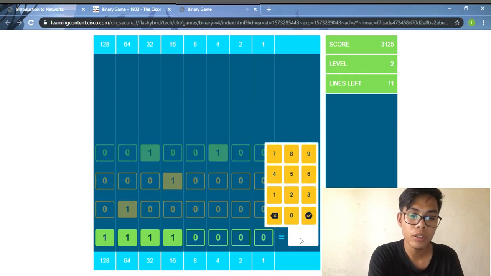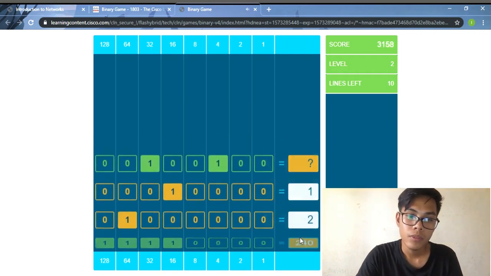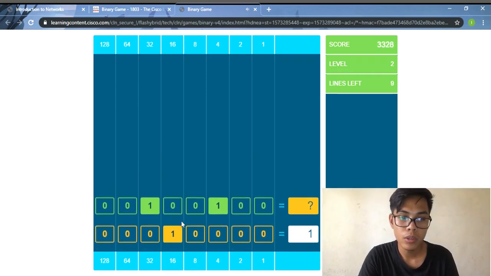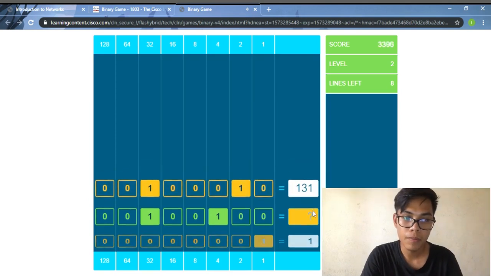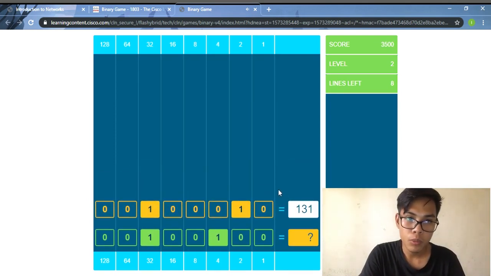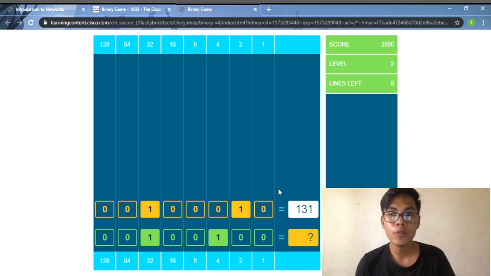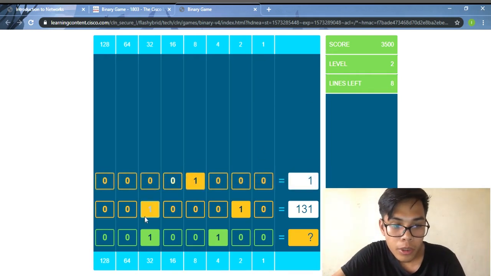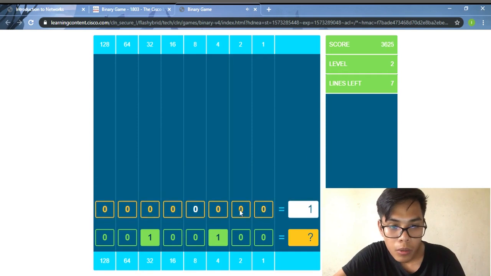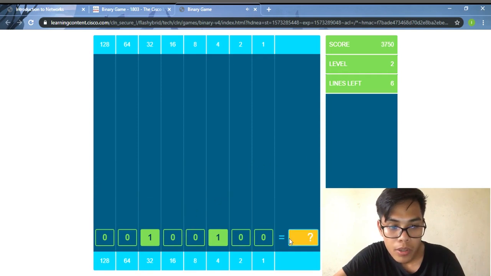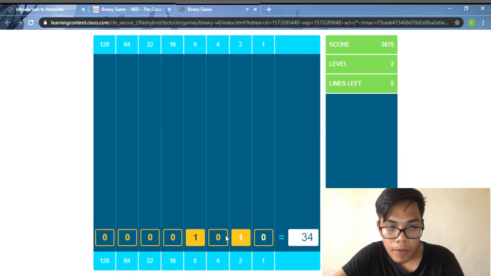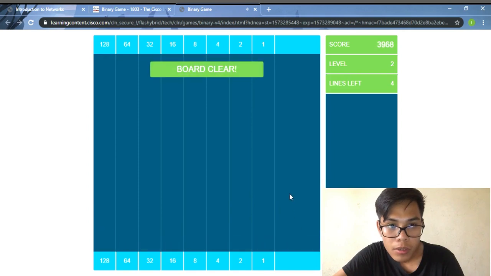240, this is 240. So get 2 here, and this one 1. So we have a score of 3,500 as of now. We need 131, so 128, 2 and 3. 1 is here, 32 plus 4 is 36. 34, we need this.